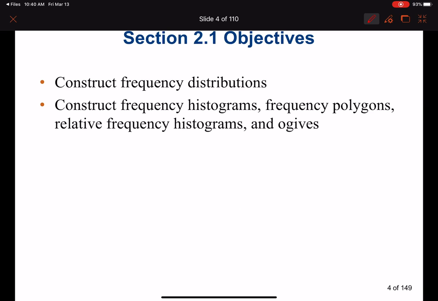We are going to learn how to construct a frequency distribution, and then a frequency histogram. Frequency polygons I'm not going to cover, and ogives I'm not going to cover. So it's going to be frequency histogram and relative frequency histogram.